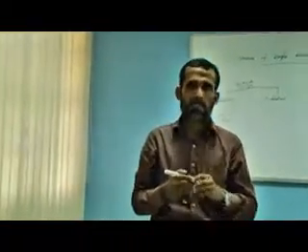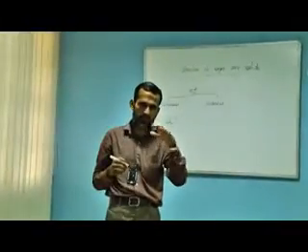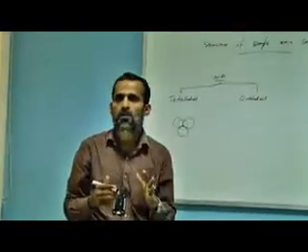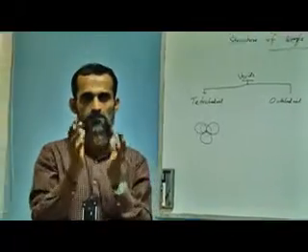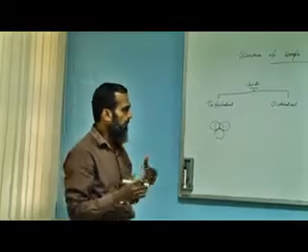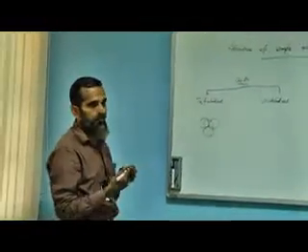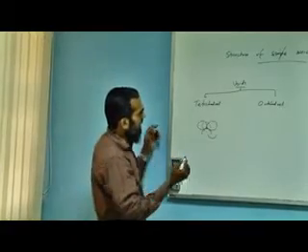Remember, we have an assumption here. In any kind of crystals, the concerned particle, whether it is atom, ion or molecule, we assume it to be spherical. So we consider the packing of spheres as the packing of concerned particles.